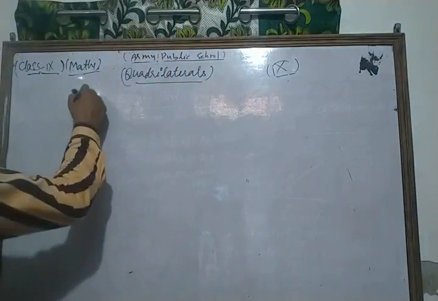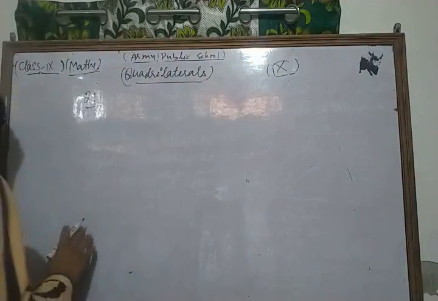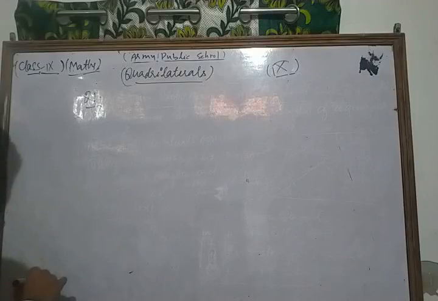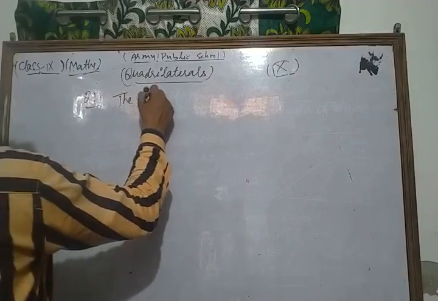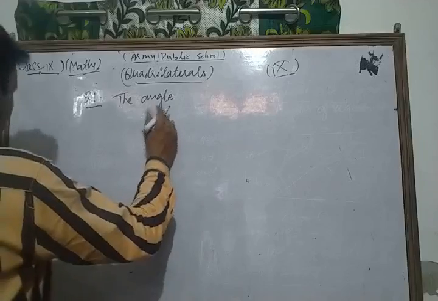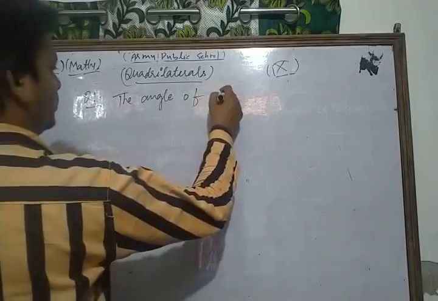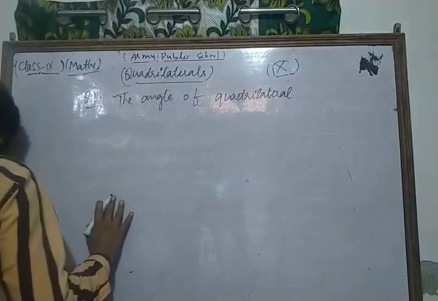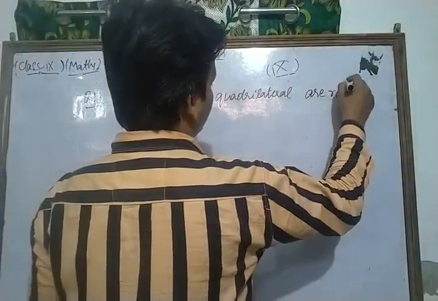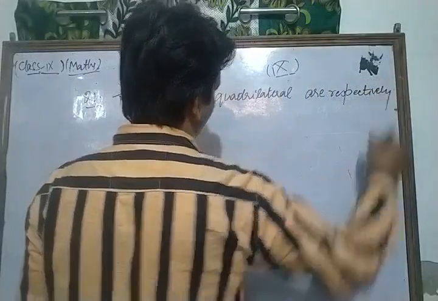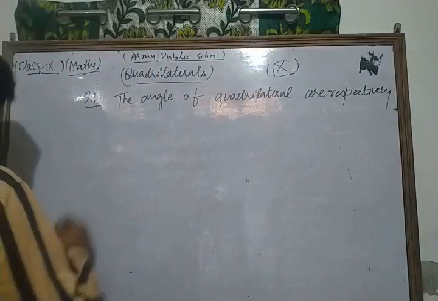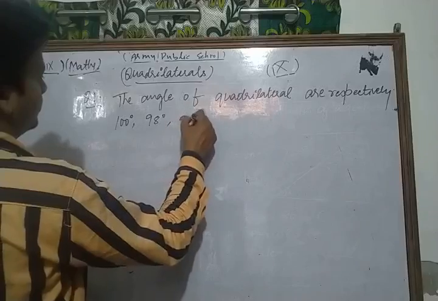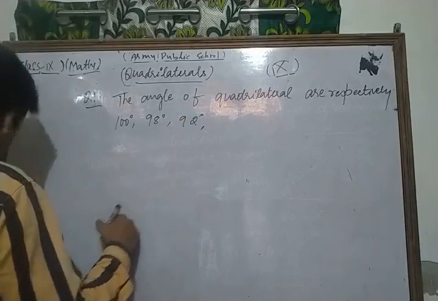Now we take some important questions, and the question is: the angles of a quadrilateral are respectively 100 degrees, 98 degrees, 92 degrees.